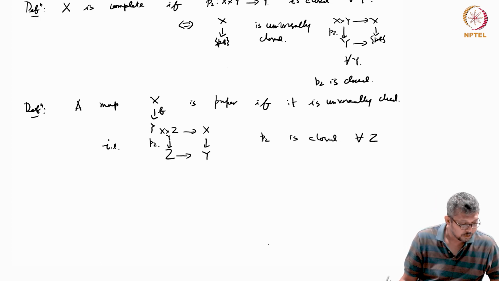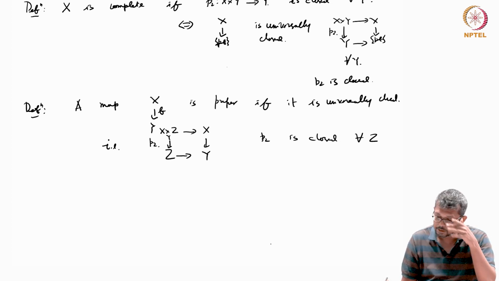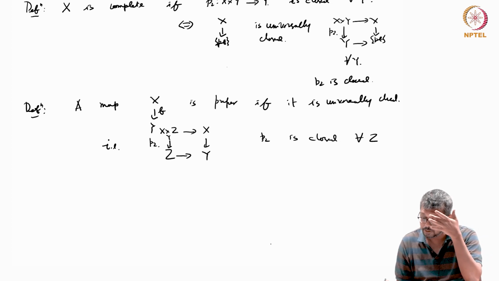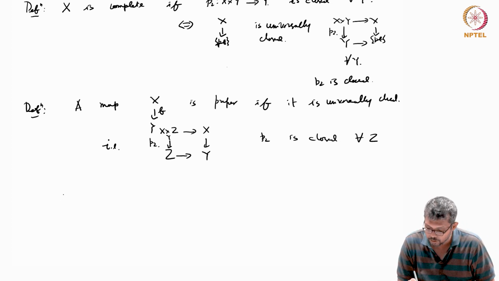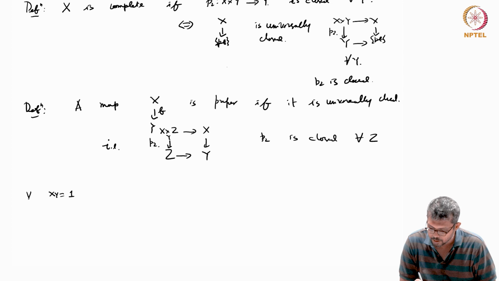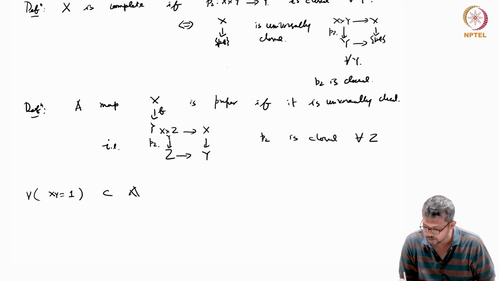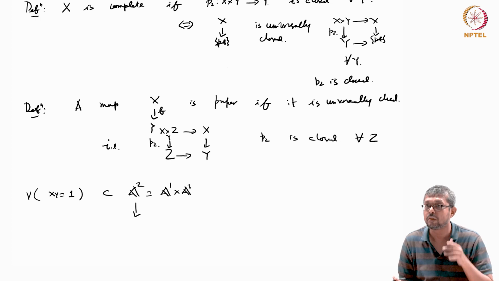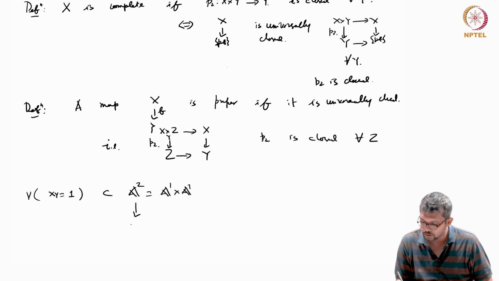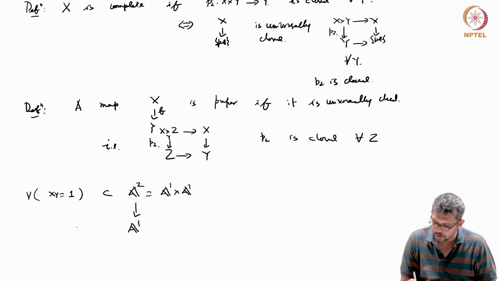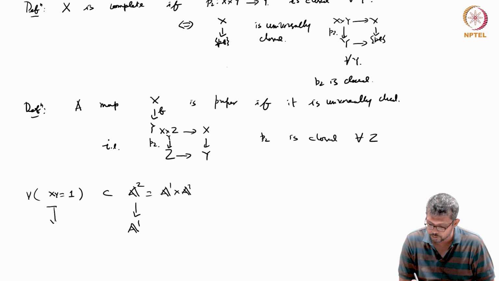Now first of all, there are plenty of examples where this is not closed. For example, in the case of affine, you take the set xy equal to 1. This is a variety in A2, and A2 I can think of as A1 cross A1, the product. Now you have this map, you project it to the second coordinate or first coordinate.